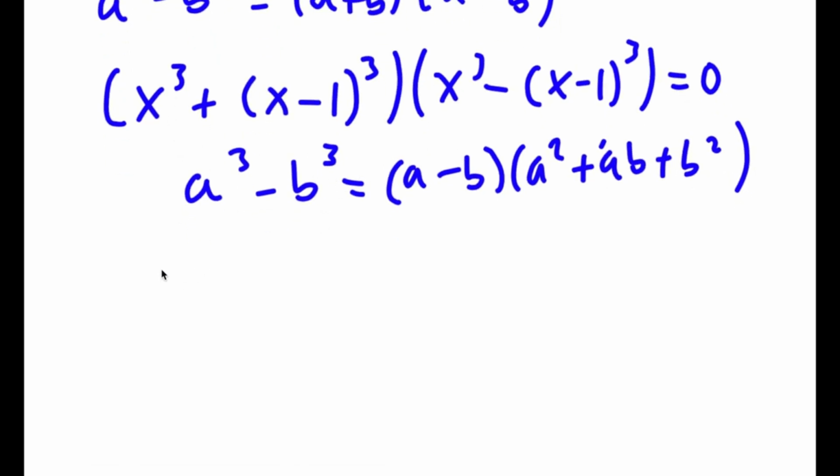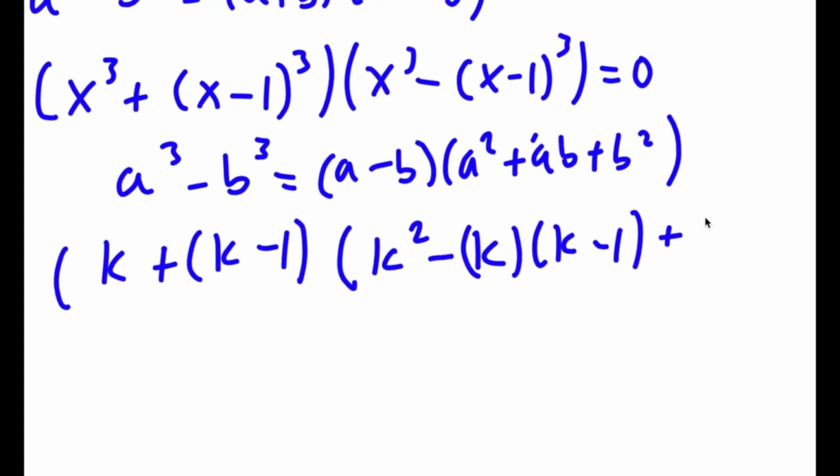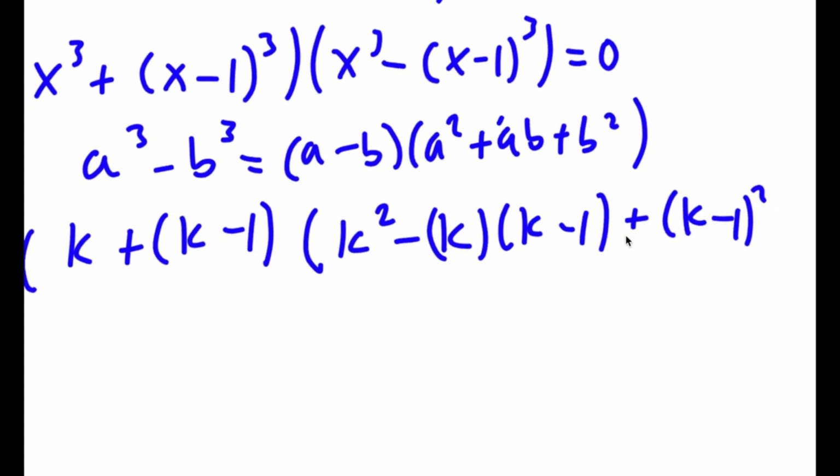So this is going to equal (x minus (x minus 1)) times (x squared plus x times (x minus 1) plus (x minus 1) squared). Sorry, this is actually supposed to be x, but yeah.